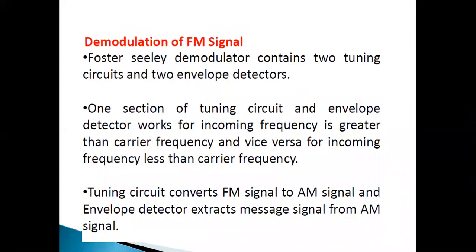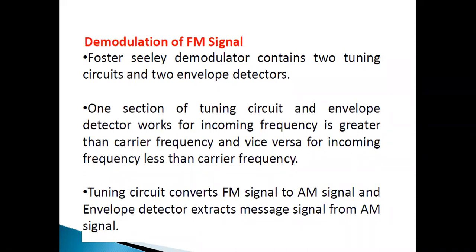In the first function, the tuning circuits and the AM detection method, that is the analog detector, take the incoming frequency, which is higher than the carrier frequency, and the outgoing frequency, which is lower than the carrier frequency.